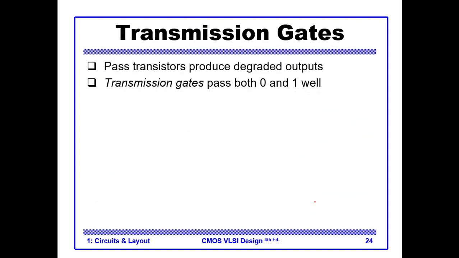Now transmission gates. Transmission gates are basically composed of pass transistors, and they have the ability to pass both 0 and 1 well.